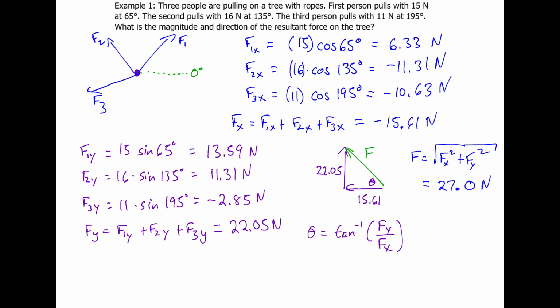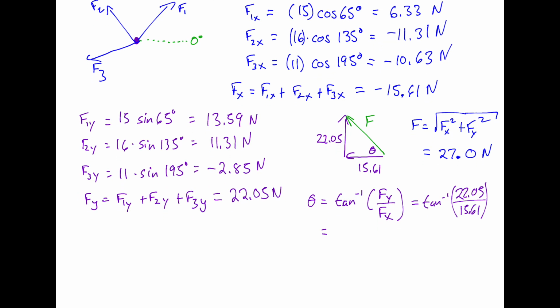So what's the y number? Y is 22.05, and this one was 15.61. So I get an angle, a little bit down the bottom here, so slide up a bit. What angle do you think it is? 54.7.